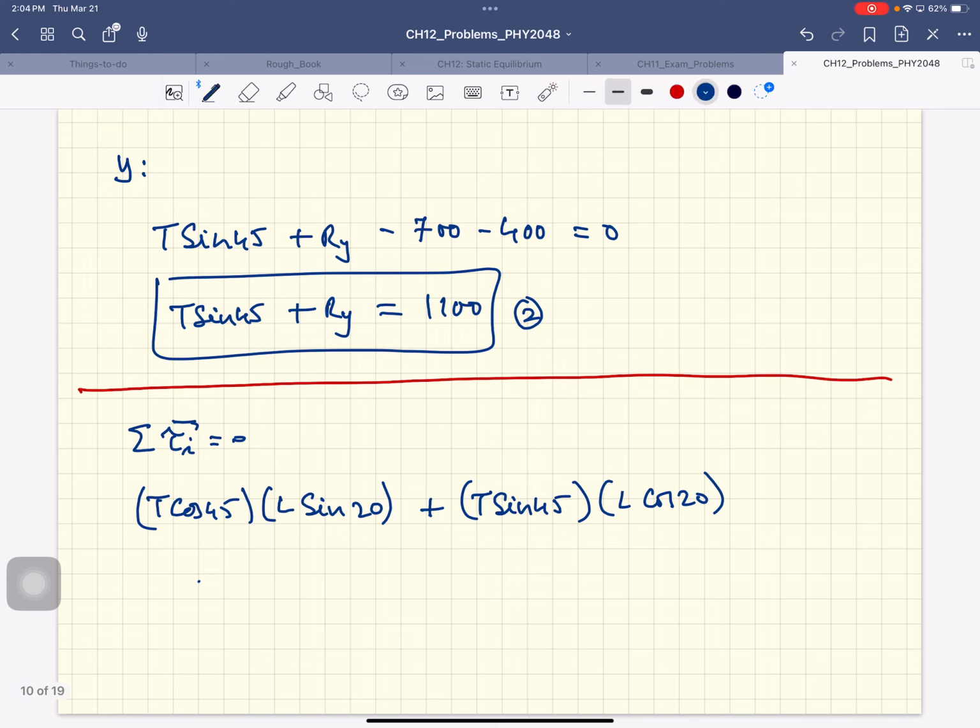And is there anything you're missing? Negative 400. And then minus 700 L over 2. Very good.